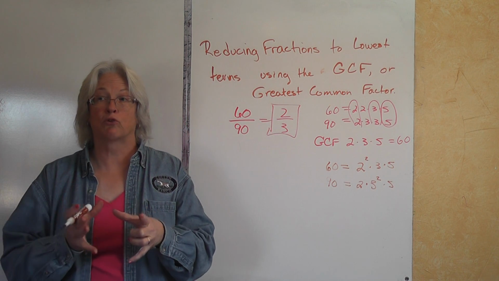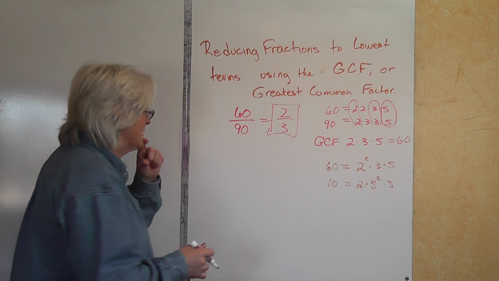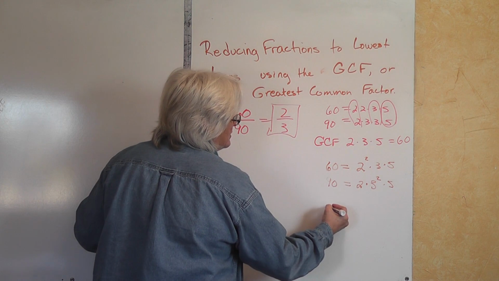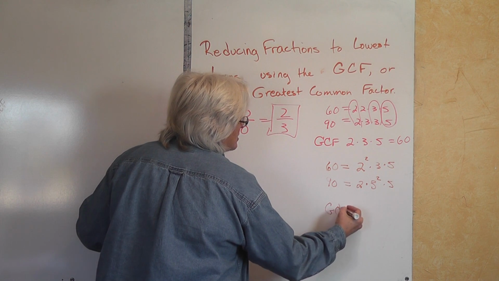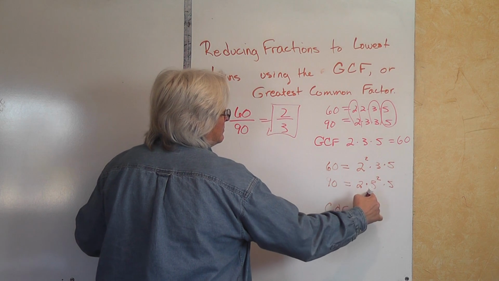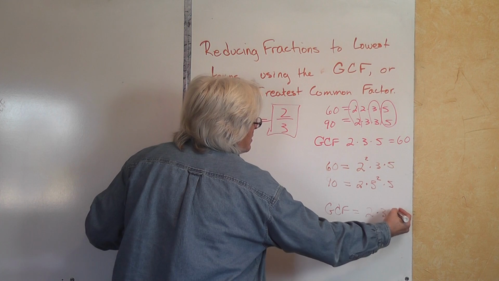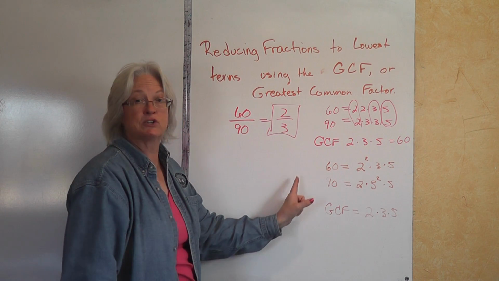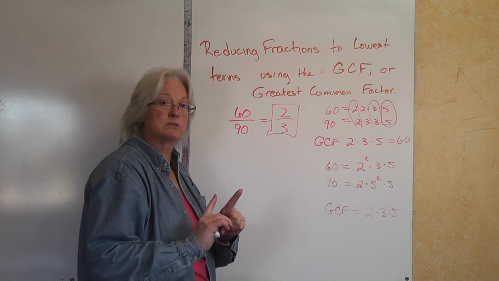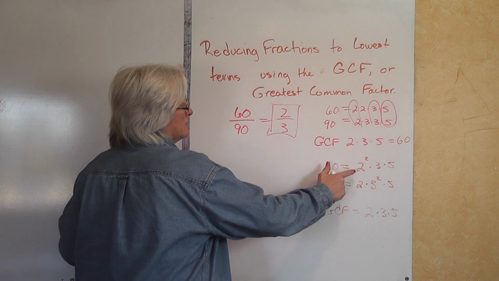Now when you find your greatest common factor, what you do is you use each prime factor that appears in both factorizations, but you use the smallest exponent.